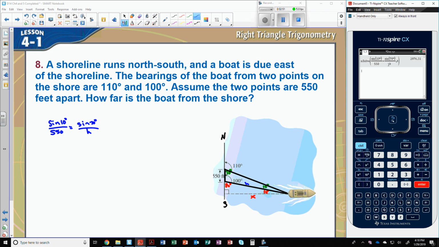Like that. So when I solve, I get 2976.31. And so this h right there, we just discovered, and that's an ugly looking h, so I'm going to kind of rewrite it here. I'll put h again. That h is 2976.31, and this would be feet.